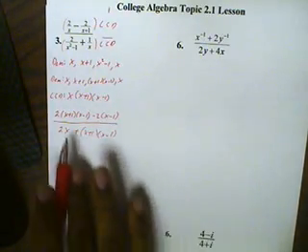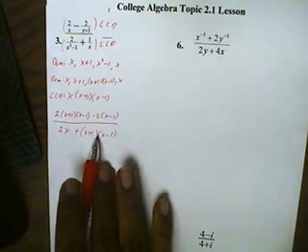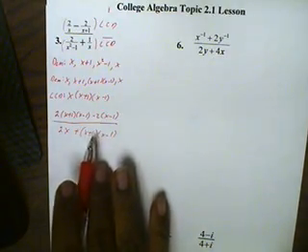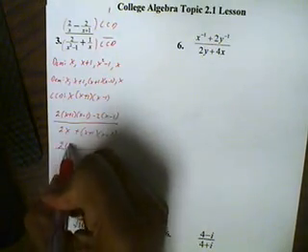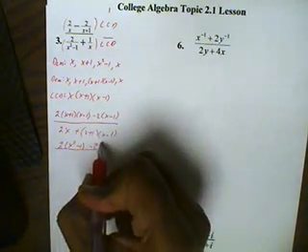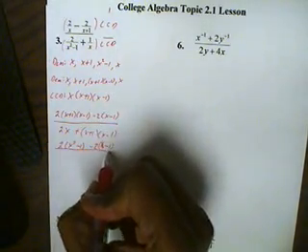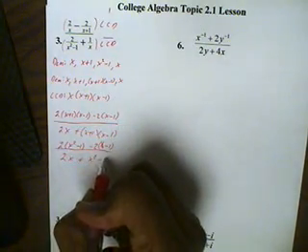Okay, I'm going to combine the x plus 1s and x minus 1s into a difference of two squares. So this would be 2 times x squared minus 1, minus 2 times x minus 1, plus 2x, and this would be x squared minus 1.